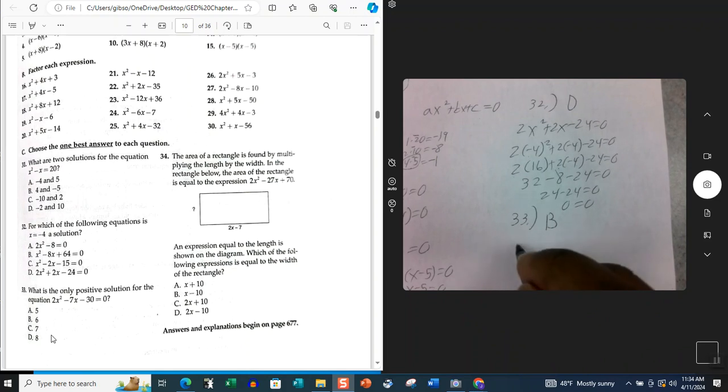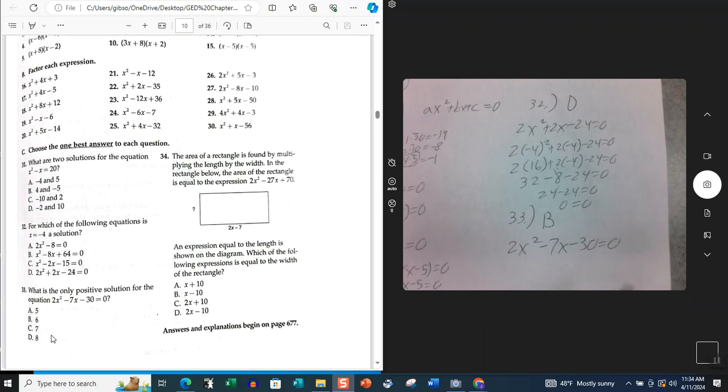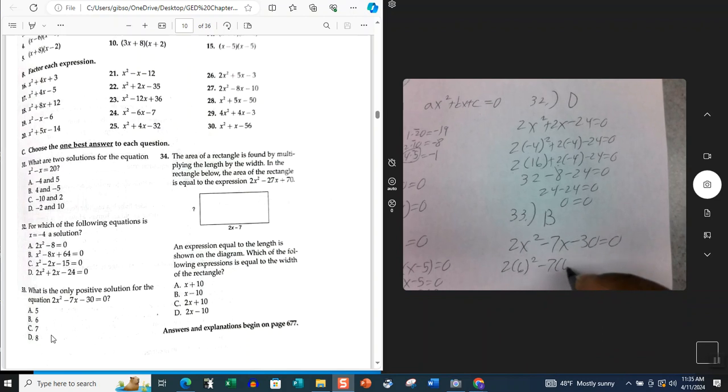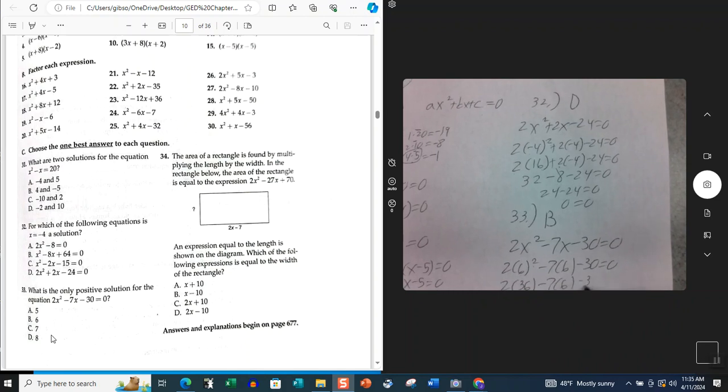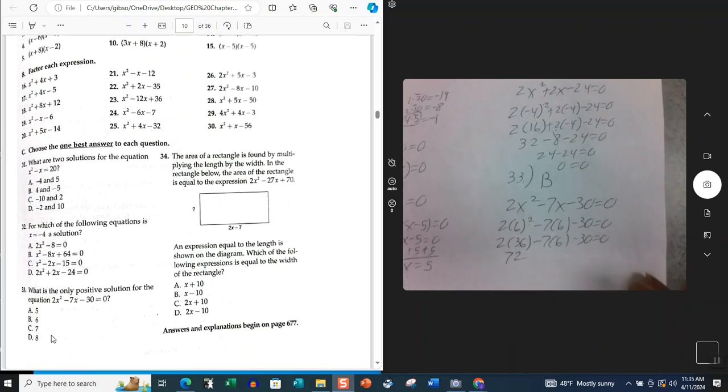So what I'm going to do is take B and substitute in 6. So we have 2 times 6 squared minus 7 times 6 minus 30 equals 0. 6 squared is 36. So now, 2 times 36 is 72.